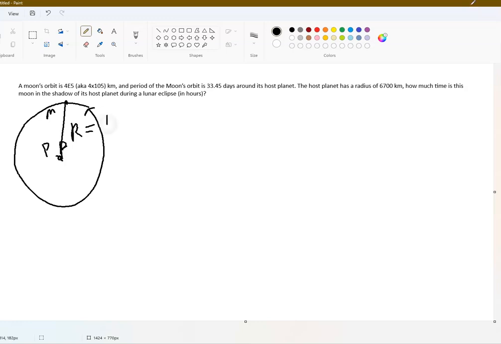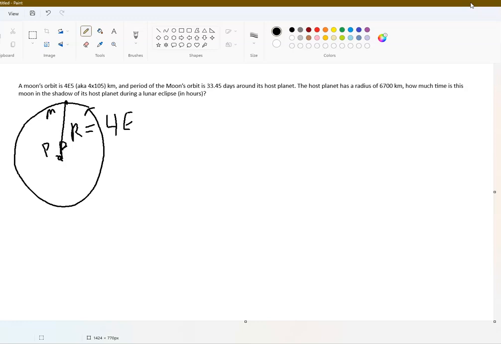Just to make sure that everybody knows that this means the same thing: certain scientific calculators, like Texas Instrument calculators, have the E button or the EE button as the times 10.